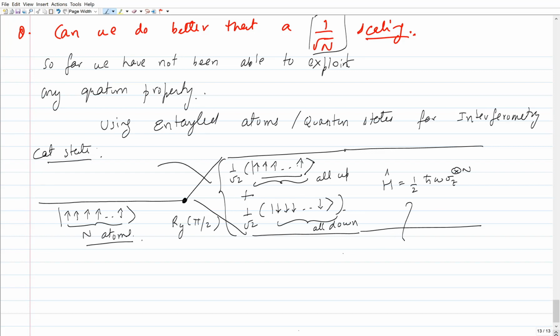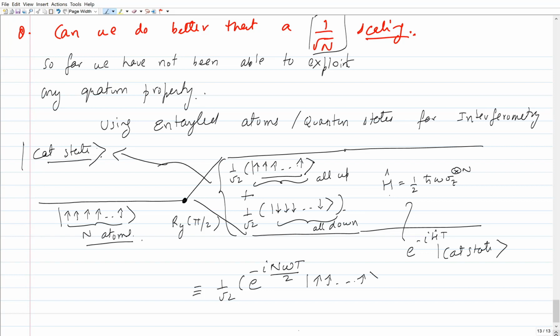So after I hit it with the Hamiltonian, or the unitary e to the power of minus i H t over h bar, on my cat state, I get an equal superposition where the information I was supposed to have about omega is embedded as the phase of the state. So this is after I've hit it with the Hamiltonian.